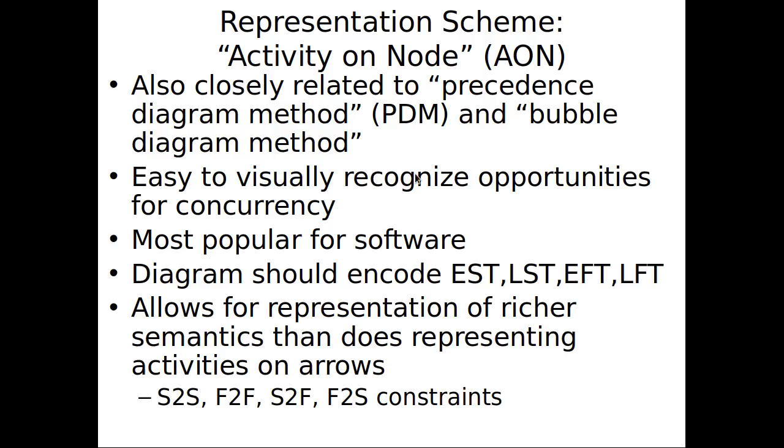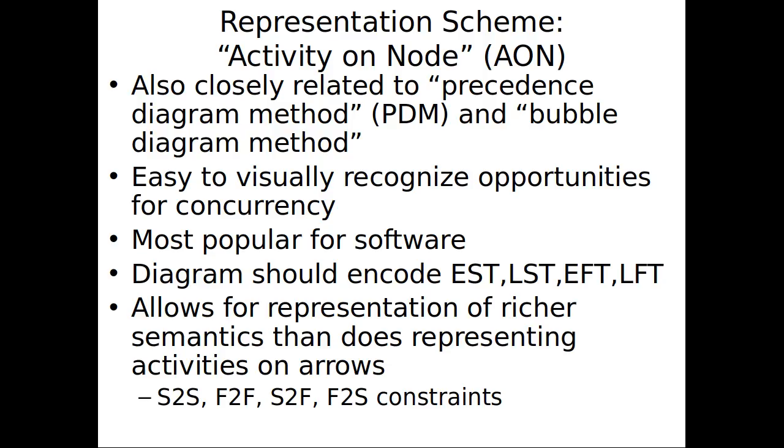So we're going to, as I noted, use this activity on node diagram, and this is very widely used. This is kind of the standard these days. Over the past 15 years, it's kind of evolved to be the standard. You'll also hear it referred to as precedence diagrams, and this method, CPM, is the precedence diagram method.